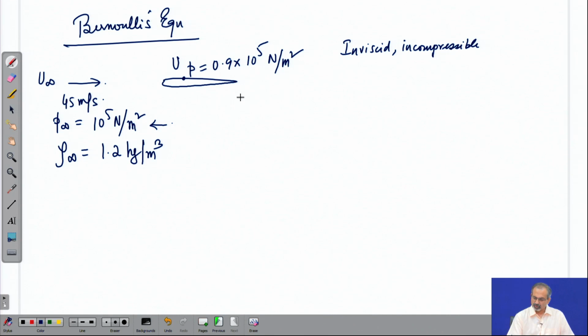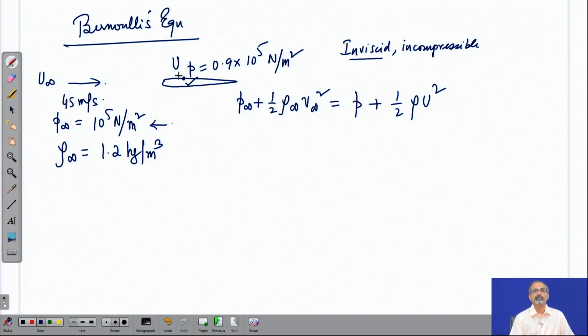So, obviously, we invoke Bernoulli's equation and we try to apply it between the two regions by taking this as the point on the airfoil. Remember that because we are considering inviscid flow, the velocity on the airfoil surface can slip, and what you have in the free stream.